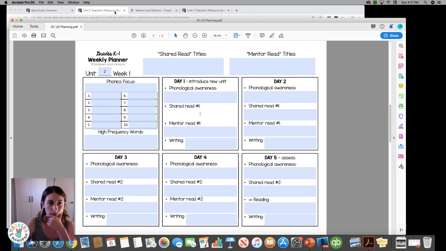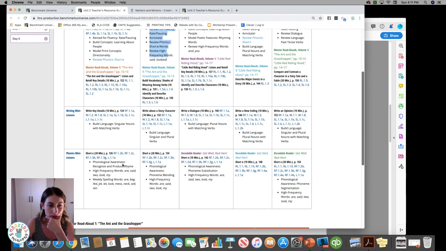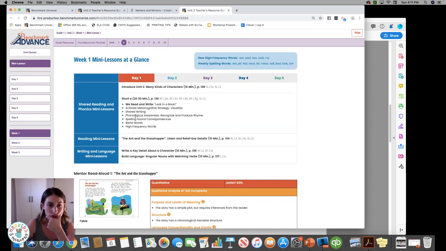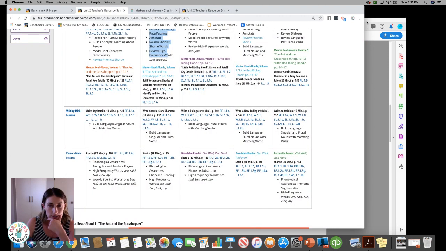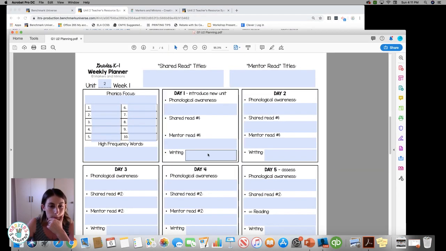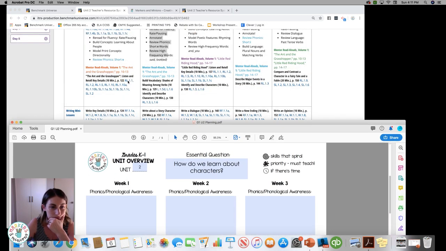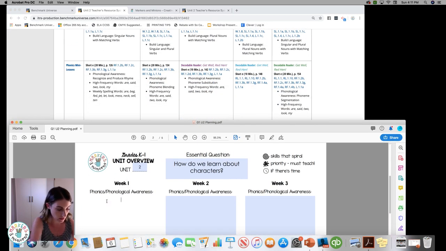So I'm going to start with the phonics down here. For national, it looks like yours is all together here. Okay, and I'm going to just start plugging in some of these skills. I've got my spelling pattern is going to be short E for the week. Then I'm looking here on day 1.